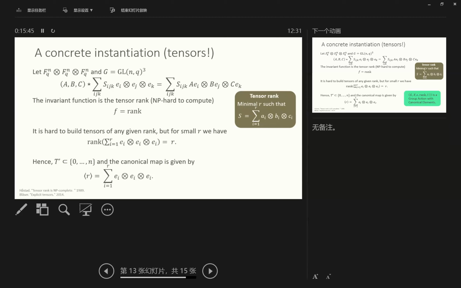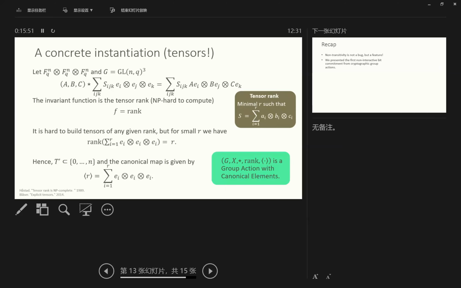So the canonical element of rank R is the sum of the first R tensors. We can conclude that this is a projection with canonical elements. So this is the solution.